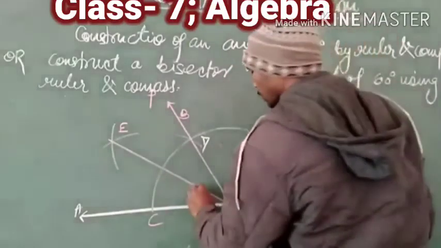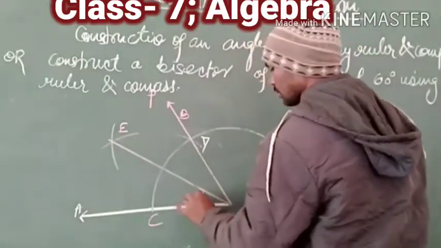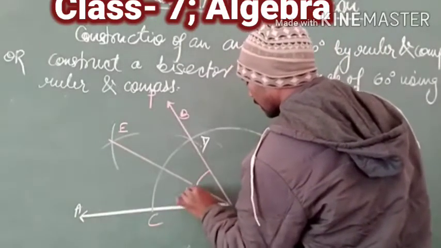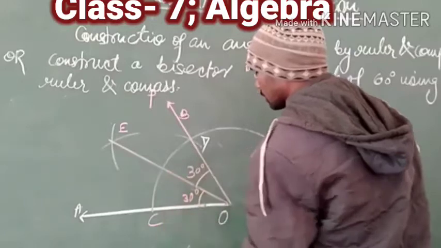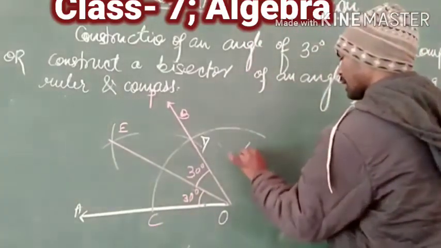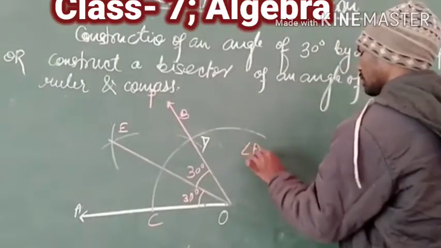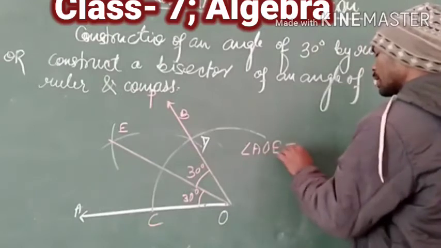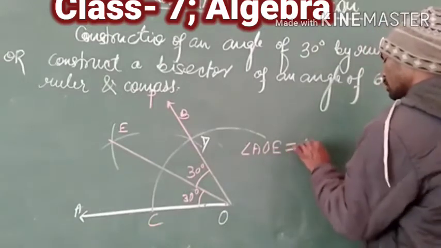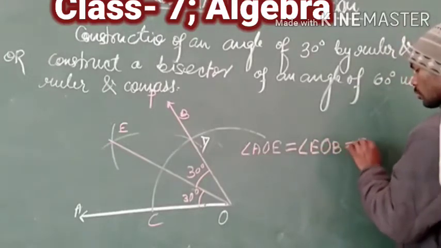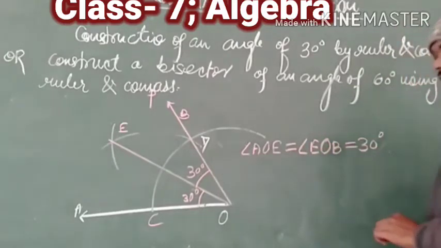So therefore, this is also 30 degrees and 30 degrees. So therefore, angle AOE is equal to angle EOB, equal to 30 degrees.